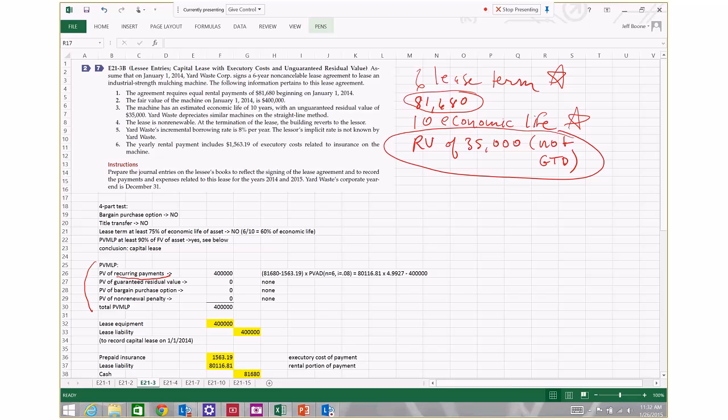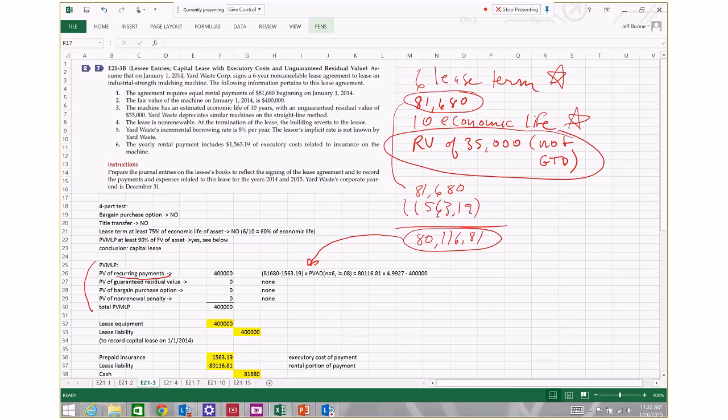The lease payment amount is $81,680, and we need to subtract from that the portion that is considered executory payments, $1,563.19. The net of those two amounts is $80,116.81. That is the portion that we're going to calculate the present value of here.